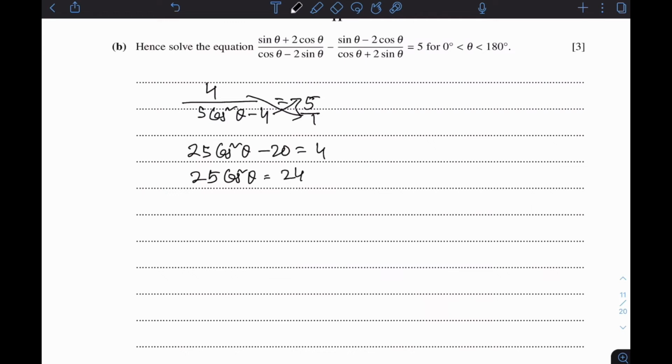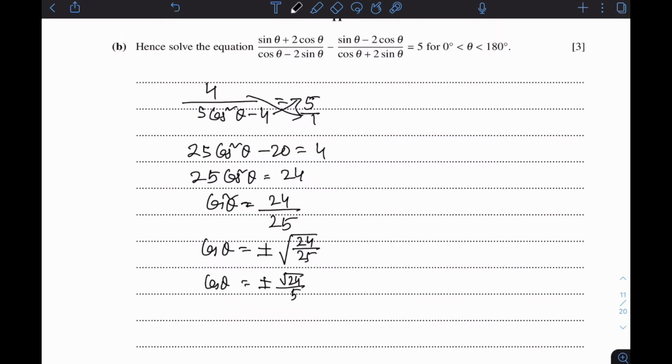So cos square theta equals 24 by 25. Now let us simplify. This is plus minus root over 24 by 25. That means cos theta equals plus minus root 24 by 5.